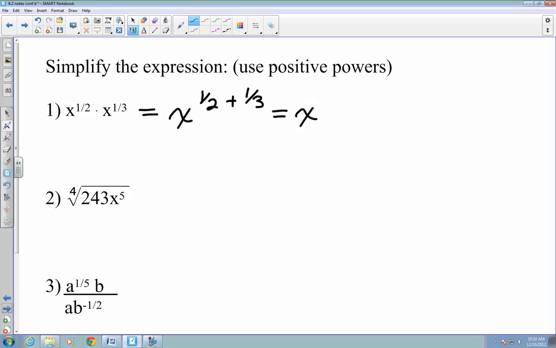So to get 6, I need to multiply top and bottom by 3. So that's 3/6, plus multiply top and bottom here by 2 to get 6. So I get 2/6. So 3/6 plus 2/6 is 5/6. I get x to the 5/6 power.